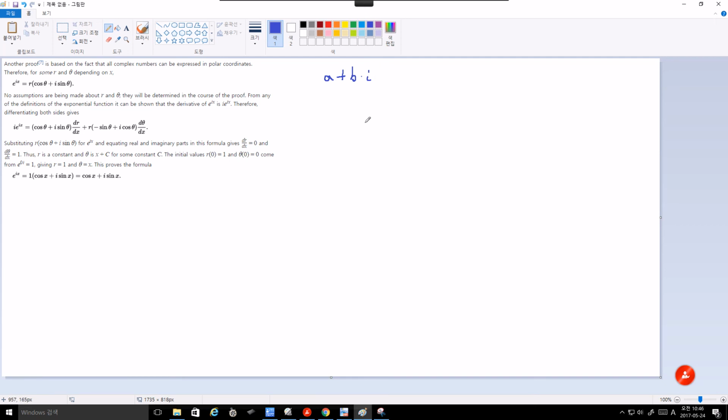The y-axis is the imaginary part and the x-axis is the real part, so we can write this as the point (a, b).